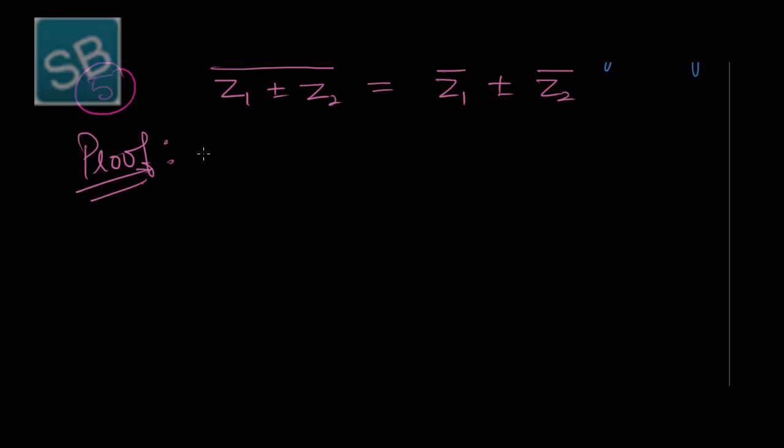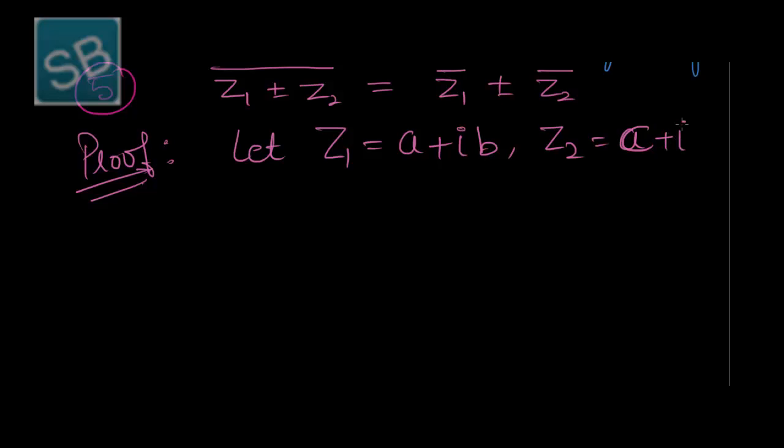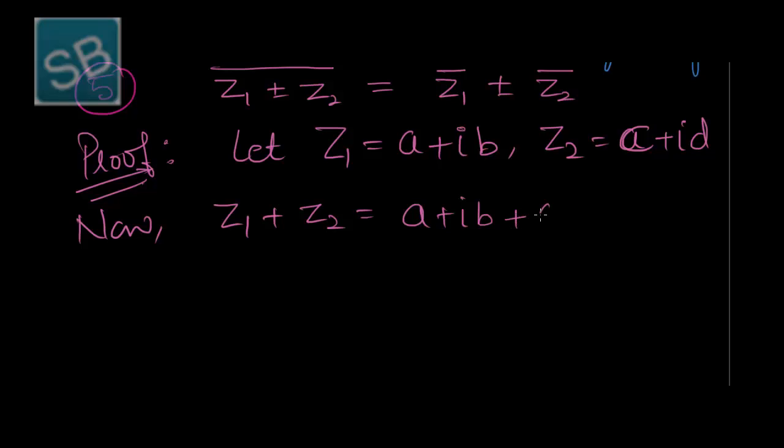first we assume let z1 is equal to a plus iota b and z2 is equal to c plus iota d are two different complex numbers. Now we have to take the sum and difference of these complex numbers. Now z1 plus z2 is a plus iota b plus c plus iota d.